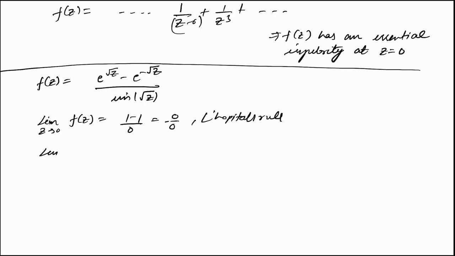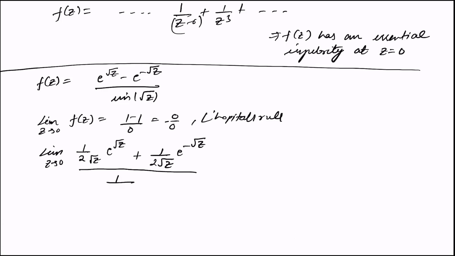So what we'll do is differentiate both numerator and denominator, and then what we'll get is e to the power root z plus e to the power minus root z, because there is a negative sign in the exponential power, each multiplied by 1 by 2 root z, divided by 1 by 2 root z cos of root z.